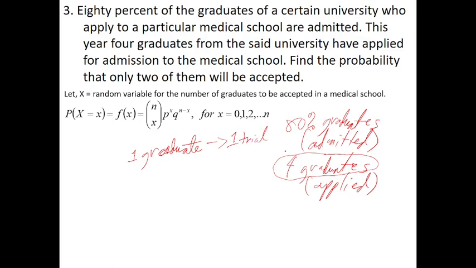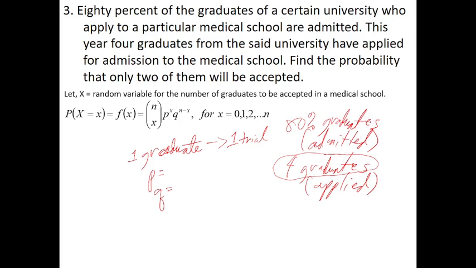So, 1 graduate, 1 trial. Sa isang graduate, ano yung probability na ma-admit? Probability of success. Ano yung probability na hindi ma-admit? Probability of failure.